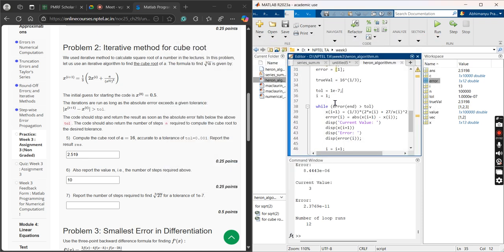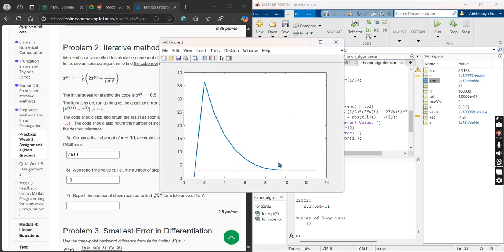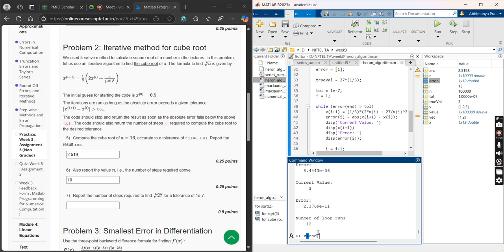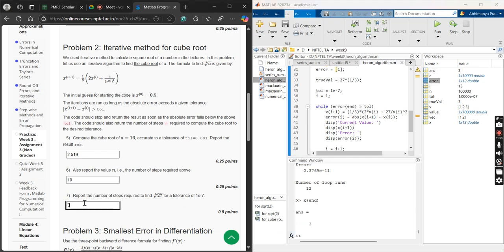If we want to see the plot, then we need to change this to 27 also. After 12 iterations, this converges, the error becomes less than 1e minus 7, and the program converges. So the final value, our end value of x, is 3.